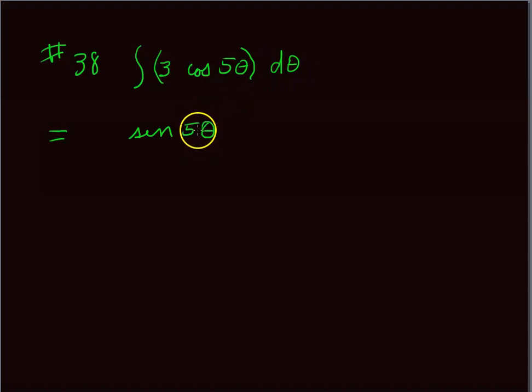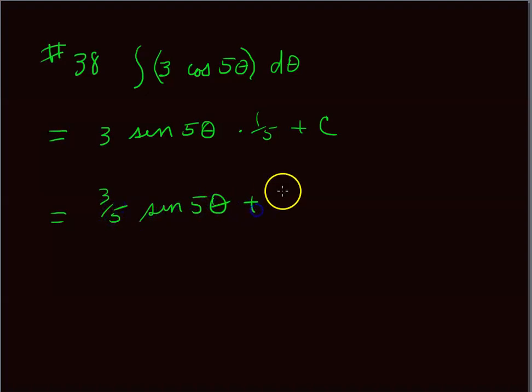So I needed a 5. But in order to get a 5, I needed a 1/5. Of course, I always had the 3, plus some constant c. So this is really 3/5 sine 5 theta plus some constant c.